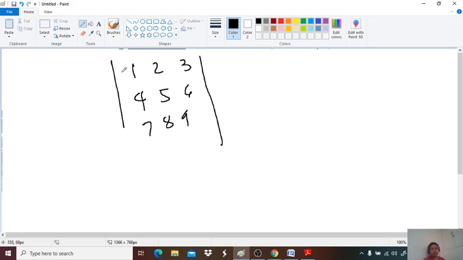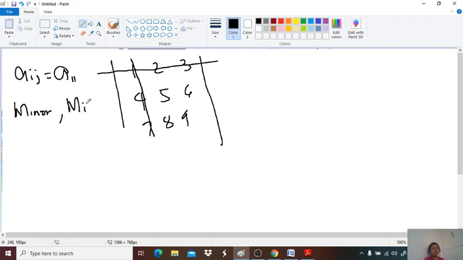Let's say your Aij is your first row, first column, so that is A11. After deleting your first row and first column, the determinant of the resulting submatrix 5, 6, 8, 9 is your minor, or minor 1,1.